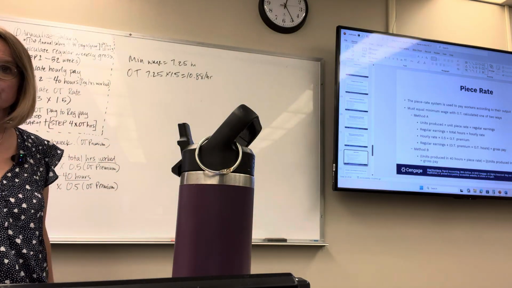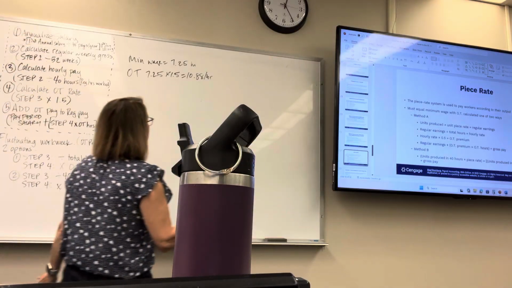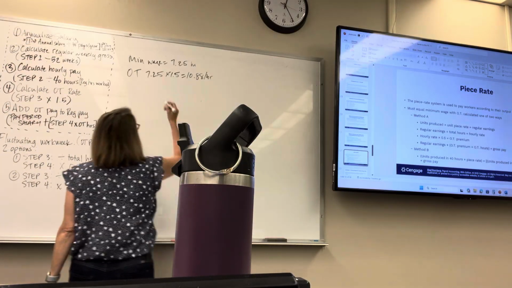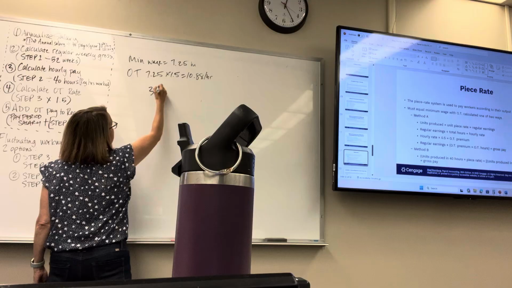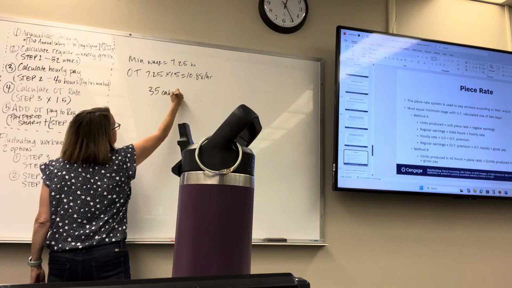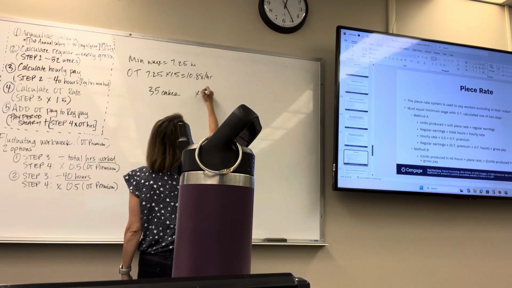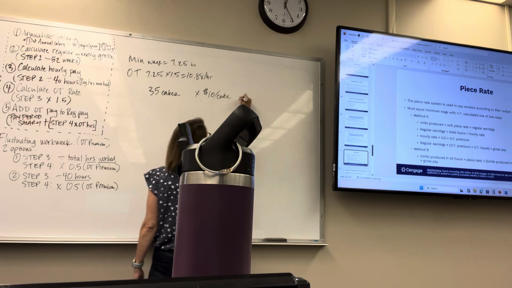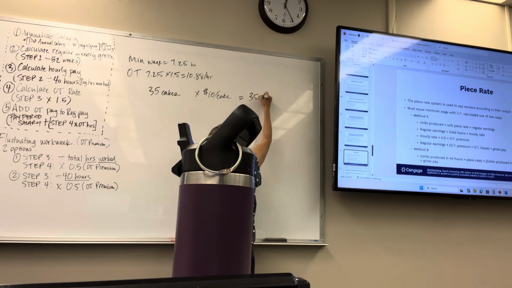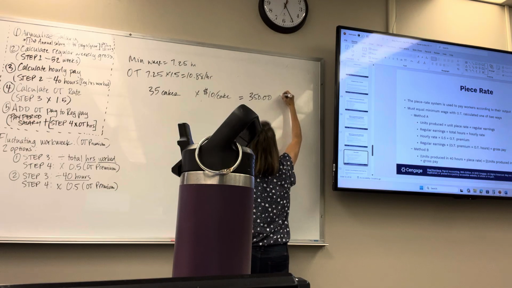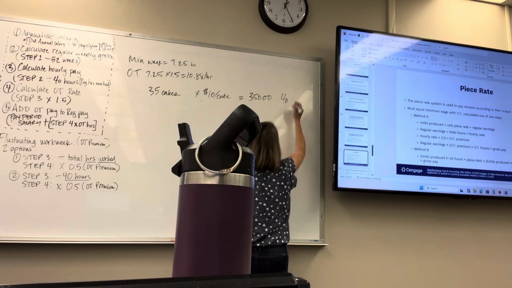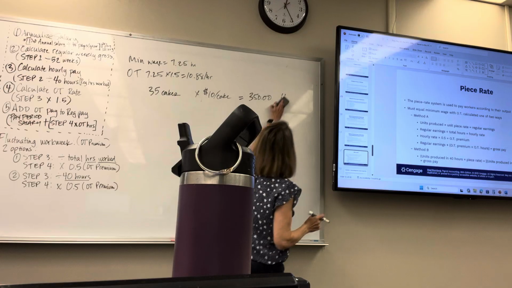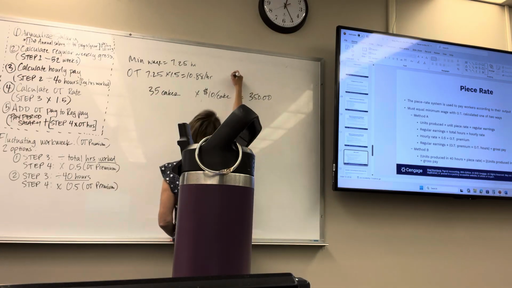you decorate. And you do it in 40 hours. So you decorate 35 cakes, and you get $10 per cake. So you made $350. Well, actually, let's just say you did it in 42 hours.